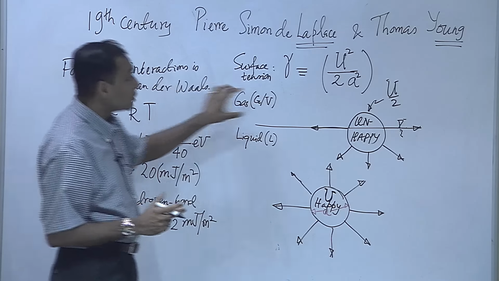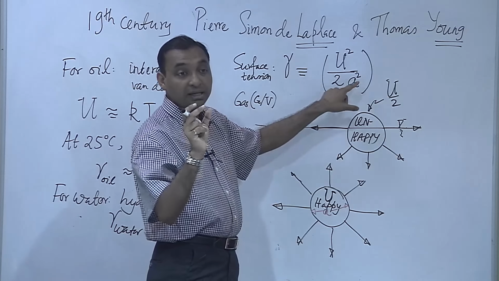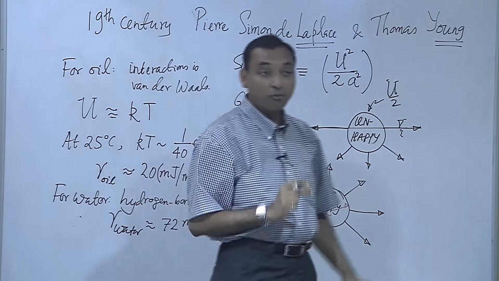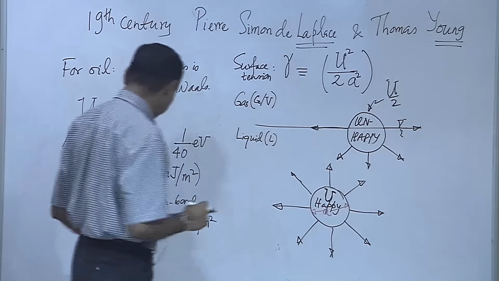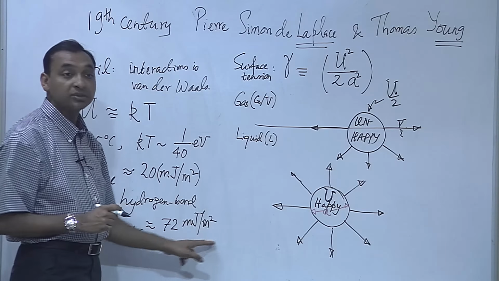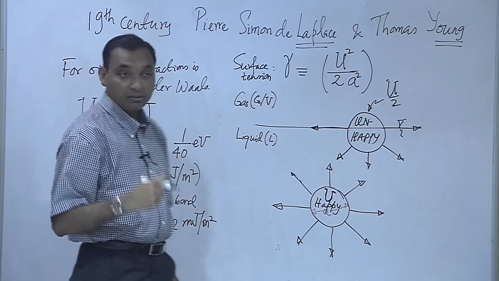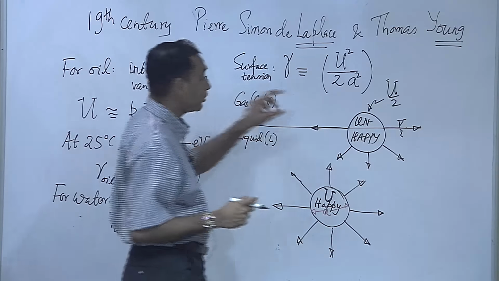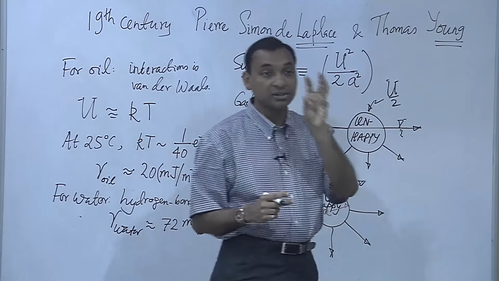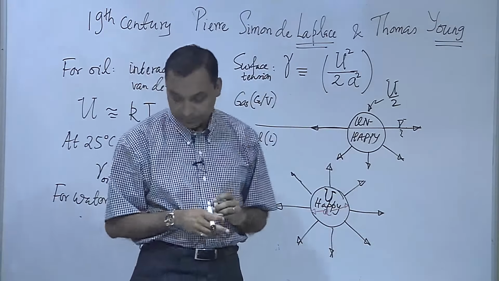I plug this in, 10 kT divided by 2 times A, the molecular diameter of water, which we already know, and it comes to 72 millijoules per meter square. For any other molecule with different hydrogen bonding, my U will change, and correspondingly the molecular size of that molecule will also change. Is that clear?